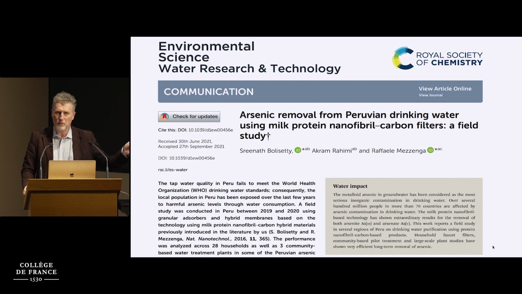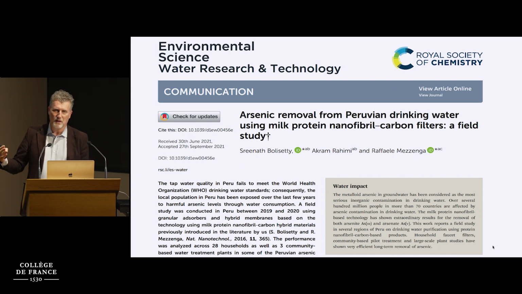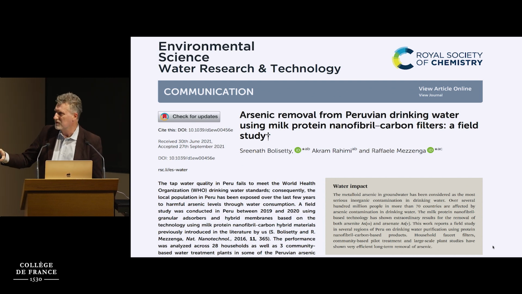We don't know about the oxidation state. Up to 1,000 ppb. And the WHO says that the threshold is 10. So that means there are places in Peru where people drink arsenic at 100 times the allowed concentration. Average life expectancy in this village is 43, 45 years.